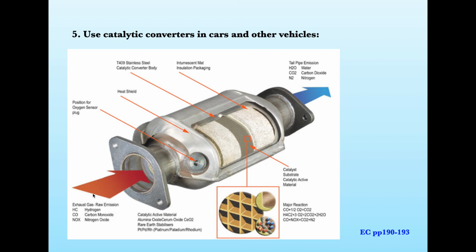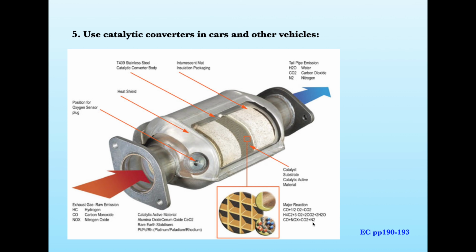The gases go shooting in here. They're at quite high temperature. They go through this system of gaps, and then the reactions that happen are, well, the carbon monoxide makes carbon dioxide. The unburnt hydrocarbons, so the oxygen or the fuel, gets turned into carbon dioxide and water. And the nitrogen oxides react with the carbon monoxide to make carbon dioxide and nitrogen.